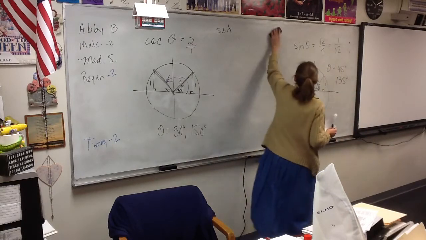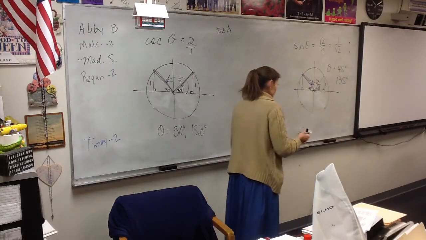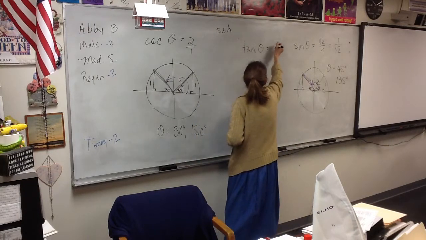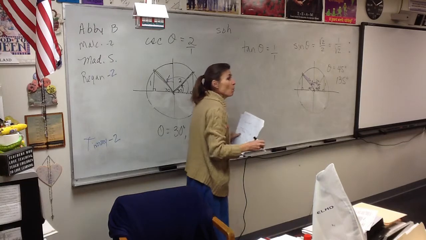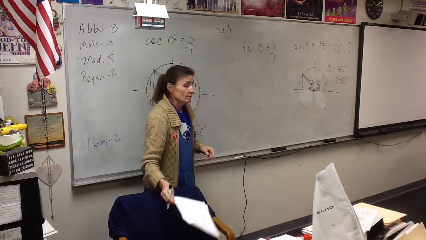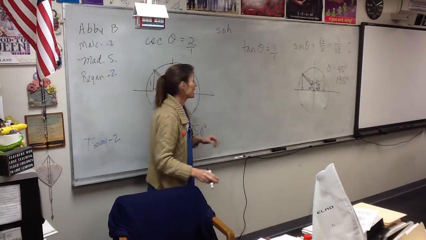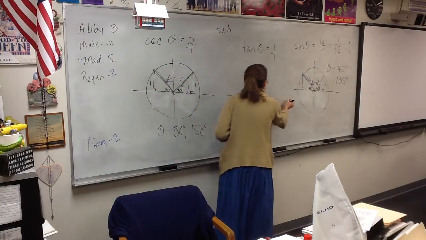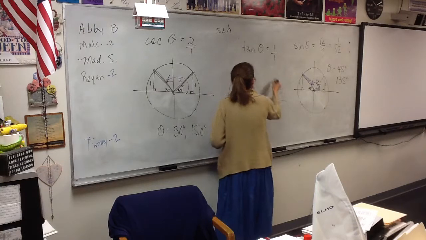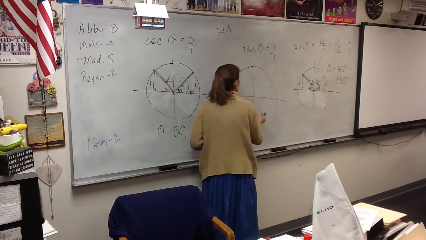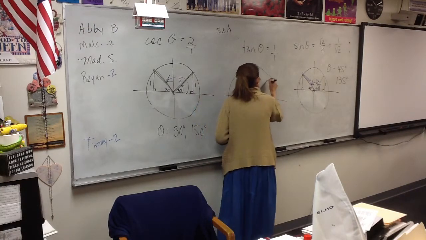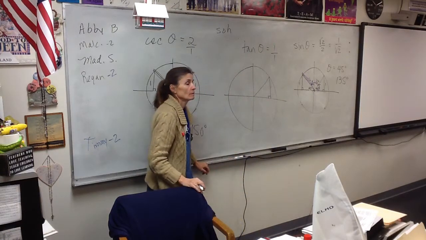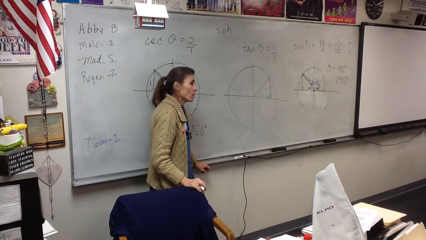Okay, let's do one more of these. Tangent equals 1. Now I'm going to go ahead and make that 1 over 1. It says tangent equals 1, but I like to have a fraction. Because I remember that tangent is what? Opposite over adjacent. So I'm going to draw a triangle in quadrant 1.